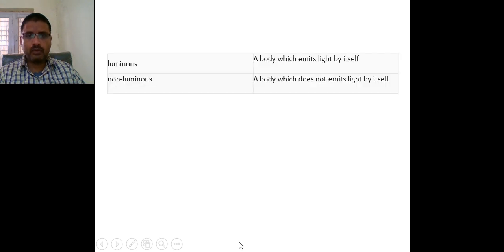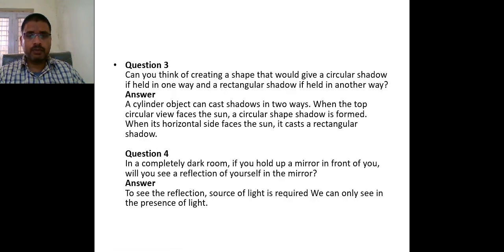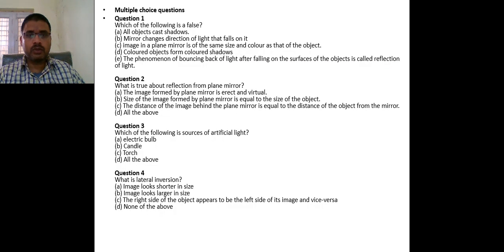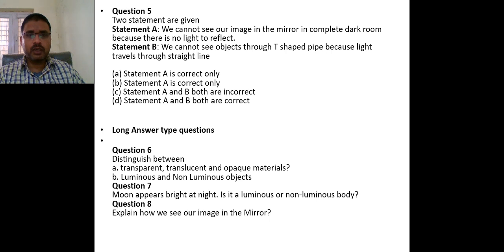You solve these questions: true and false type, match the following type, and multiple choice questions. Two statements are given, and out of these two you have to find out which statement is correct.